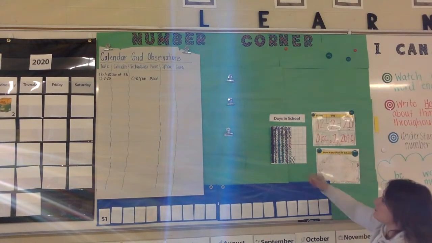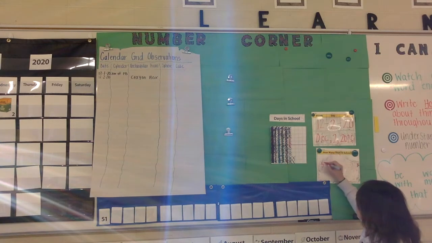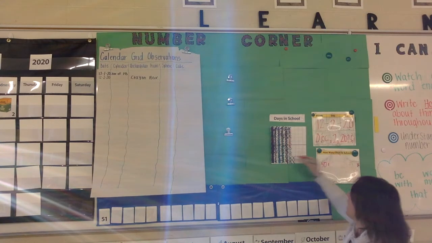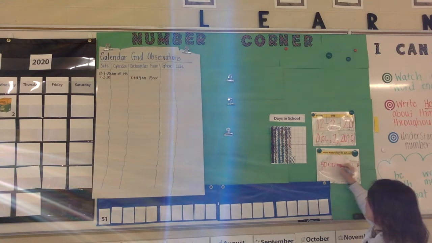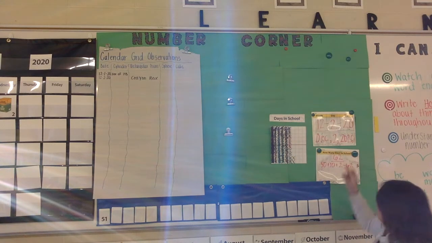Well, I'm thinking some of you know that half of a 100's chart is 50, but we have an extra 10 and 2 ones. So I know that 50, 60, 61, 62. How else could you get that?